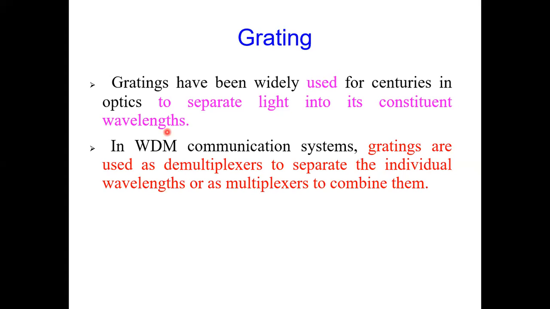So what I want is multiplexing, wavelength division multiplexing. In a single strand, I want to send multiple information of multiple users, but I don't want multiple sources, because the system becomes very costly. So our intention is, I have a single source of light, and with that single source, I will place something with that source of light so that I can separate that same light into different wavelengths.